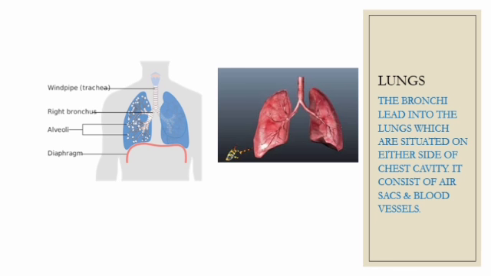The blood vessels present around the air sacs take in oxygen and give out carbon dioxide.